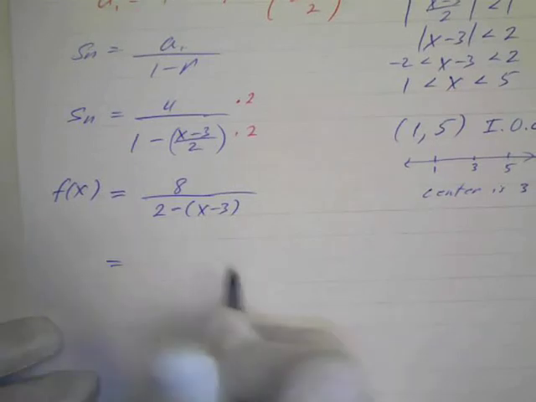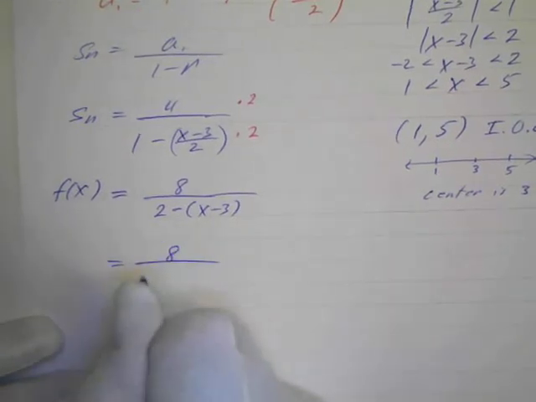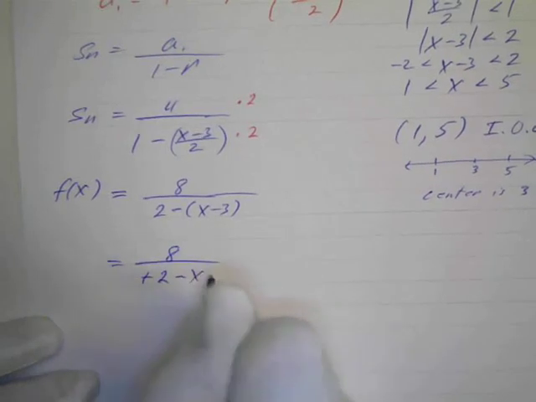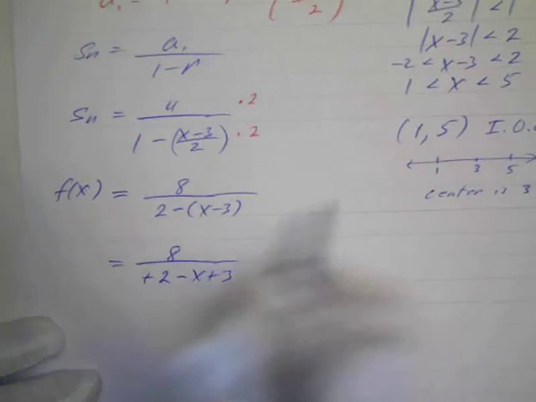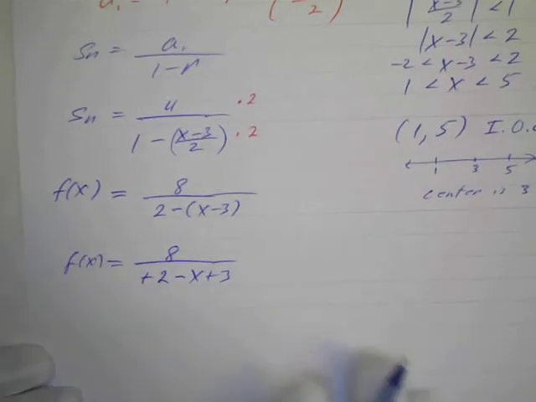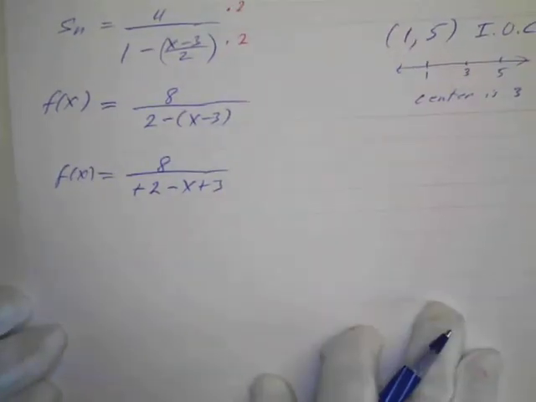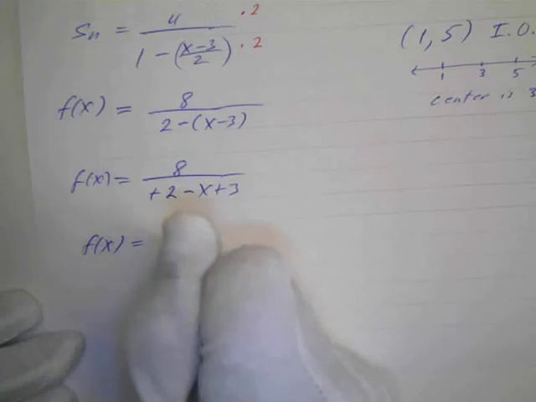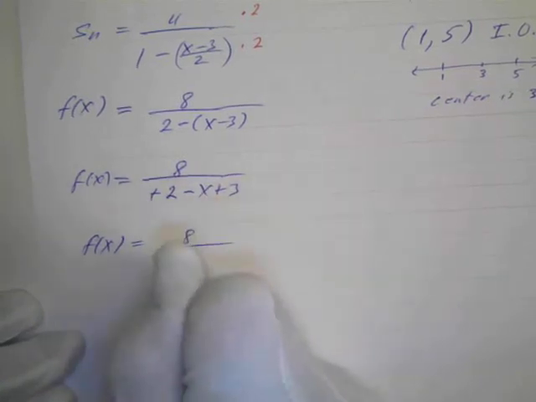Then I can remove the parentheses in the bottom to simplify, so I got 2 plus 2 minus x plus 3, and that's going to be 5 minus x. There we go. So 8 all over 5 minus x.